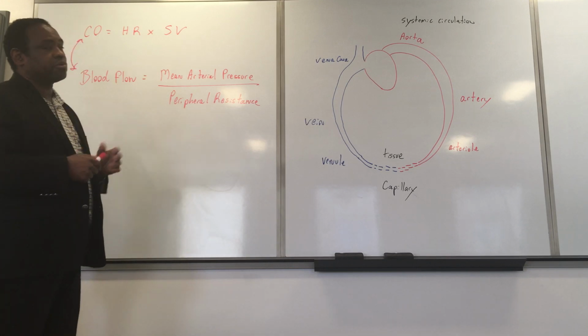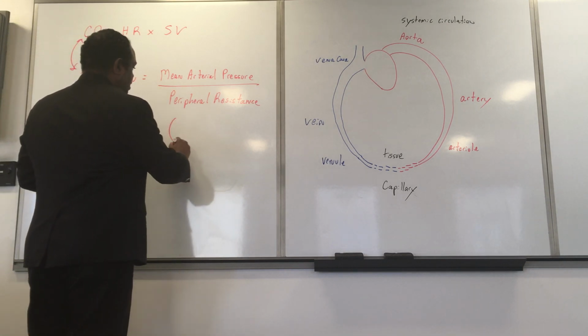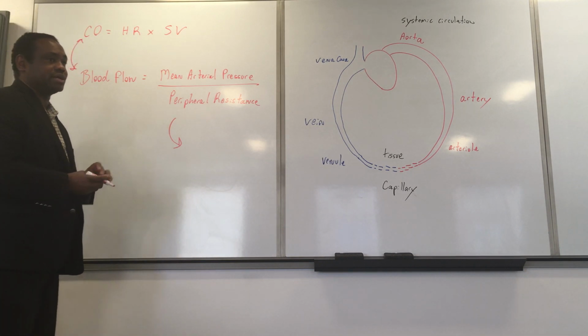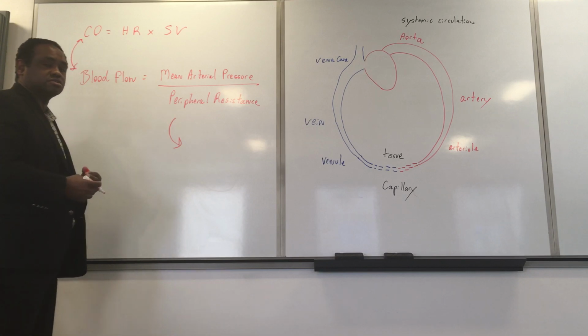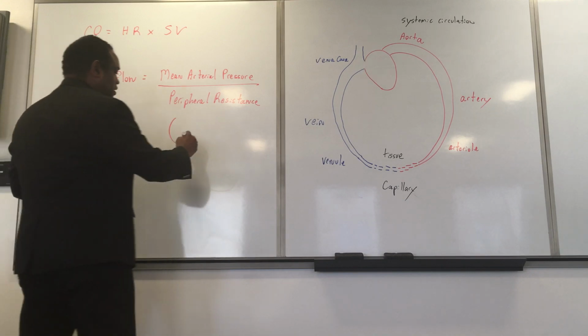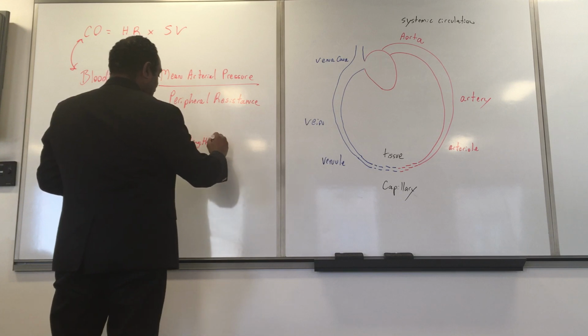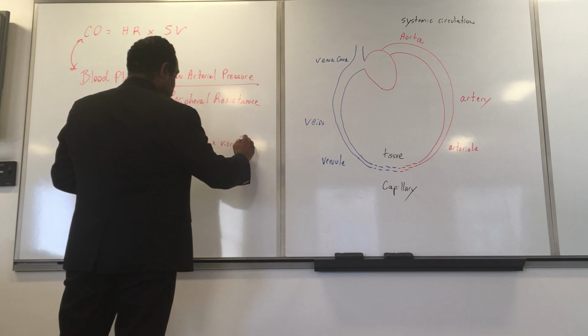But let's break down peripheral resistance a little bit more so that we can clearly understand what forces are involved in going against blood flow. Basically, peripheral resistance is the length of your vessels times the viscosity of the blood in those vessels.